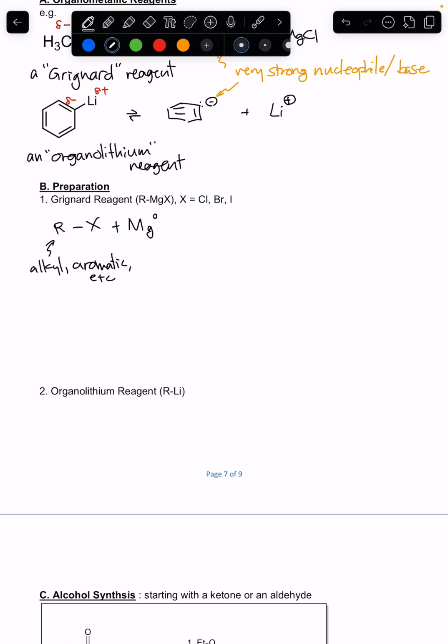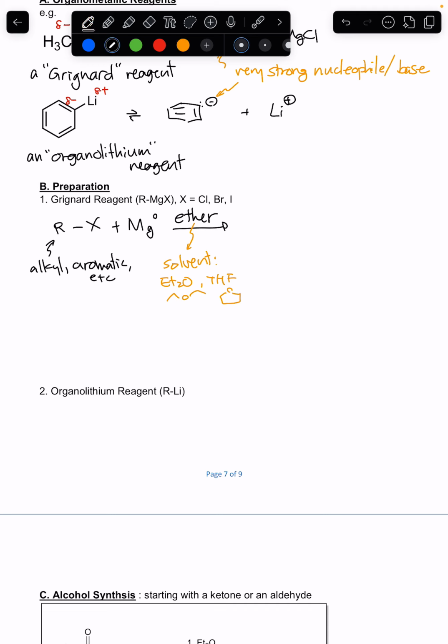And Grignard reagent is pretty picky. The solvent has to be an ether molecule. So this is the solvent. Typically only either diethyl ether or THF, which remember looks like that.